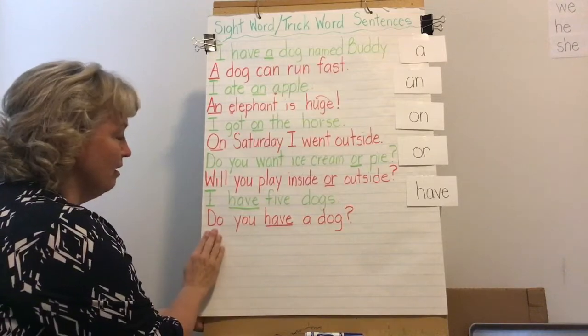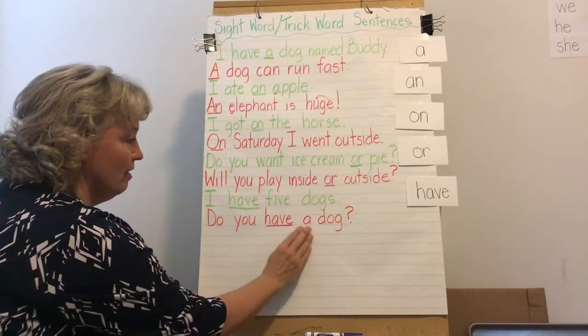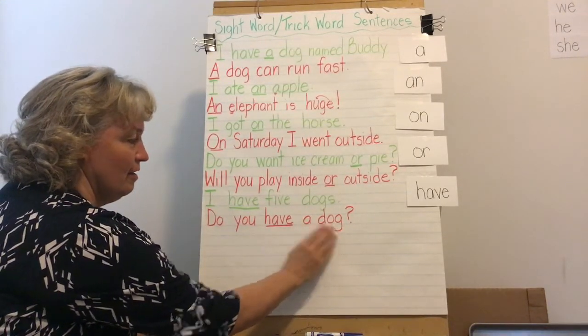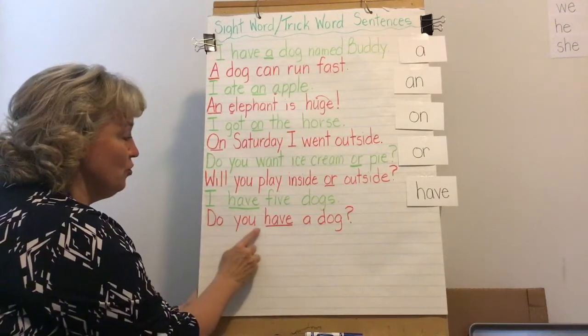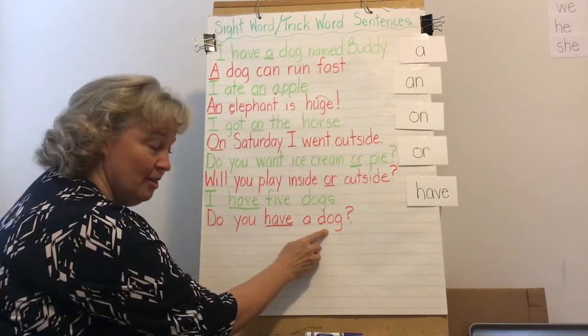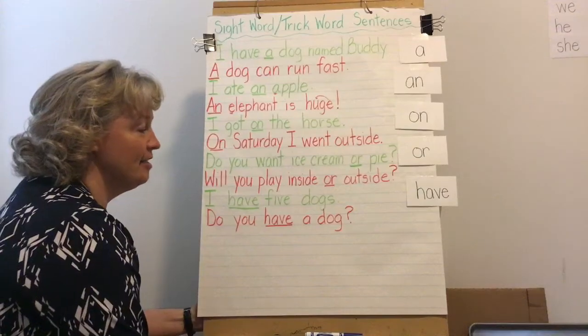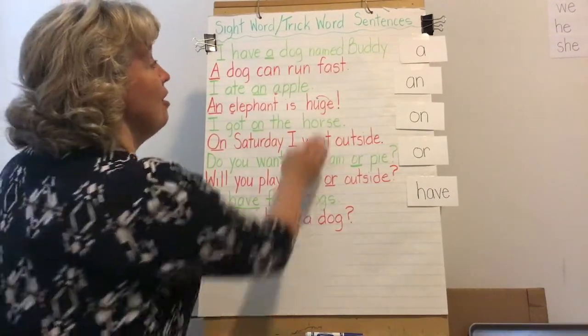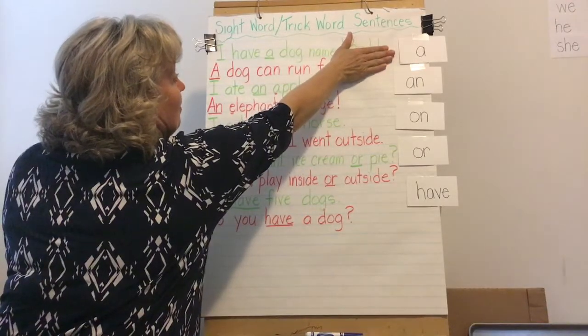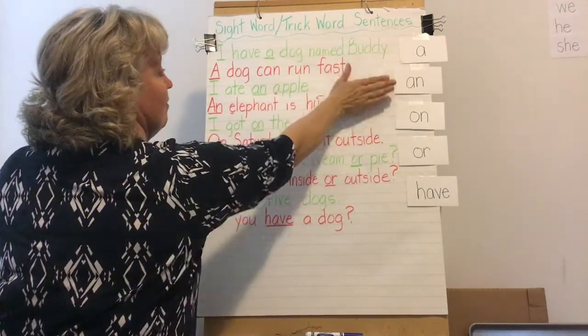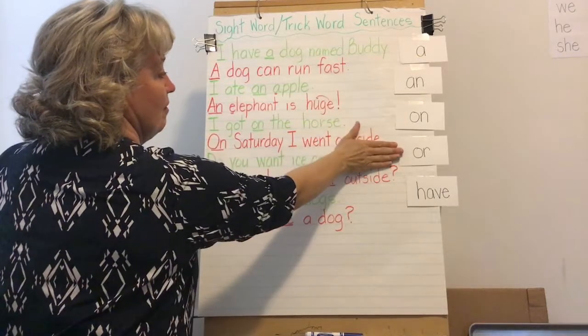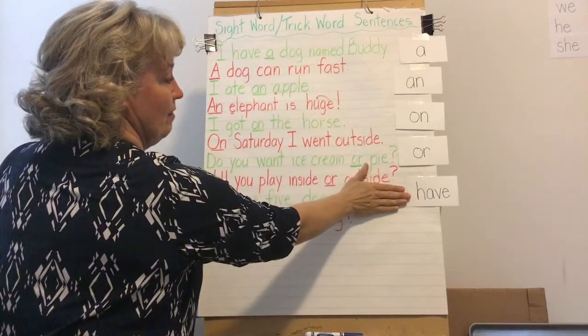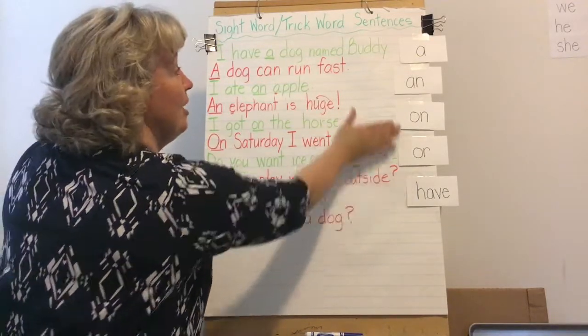You try it. And let's check it. Do you have a dog? So another question sentence. All right, kiddos, so let's try each of these one more time. I'll point, you tell me what they are. Let's check and see if you were right.